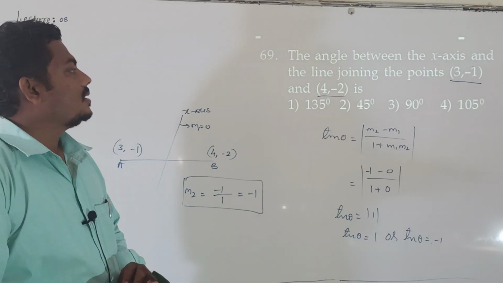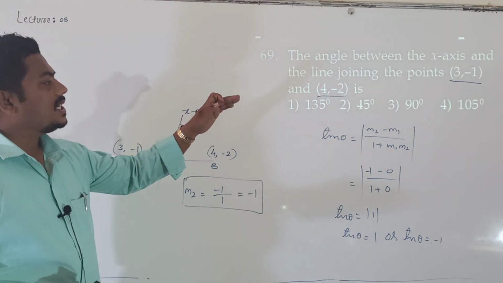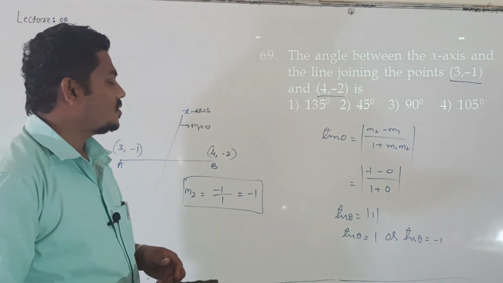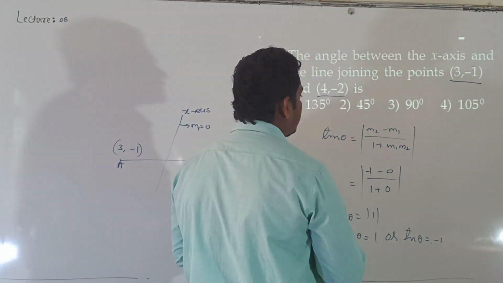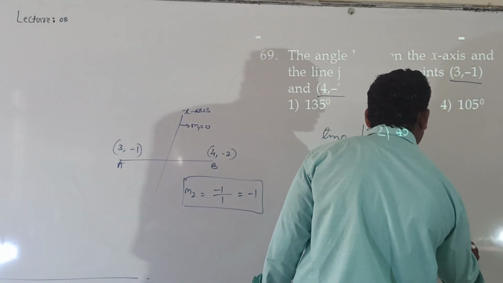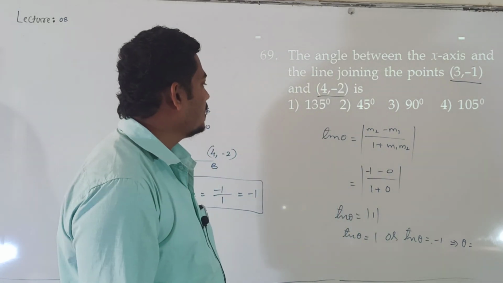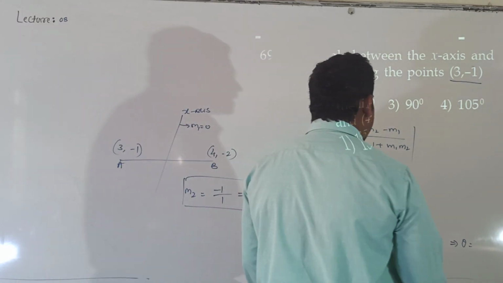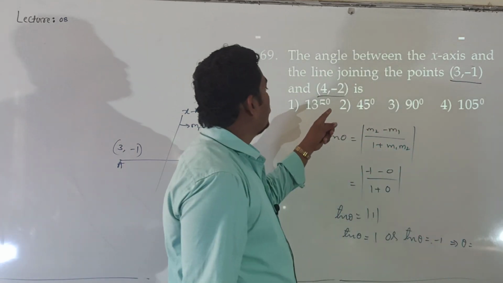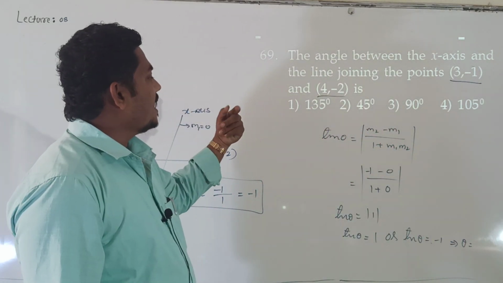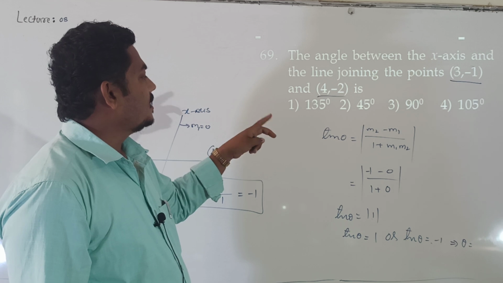Angle between the x-axis and line joining these 2 points. Then theta value is 45 degrees, 135 degrees.